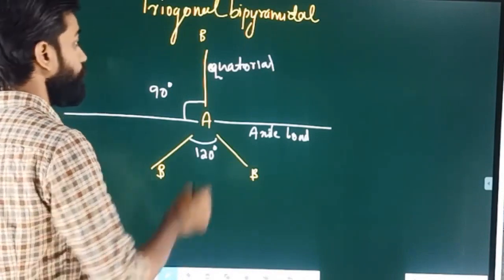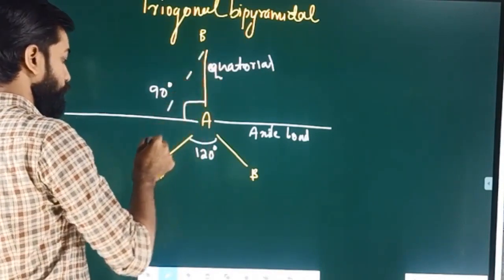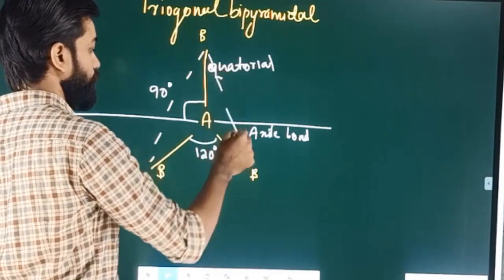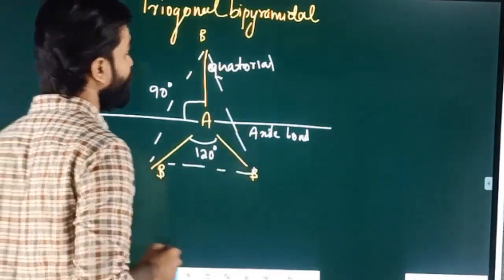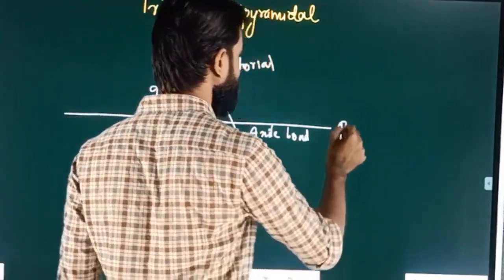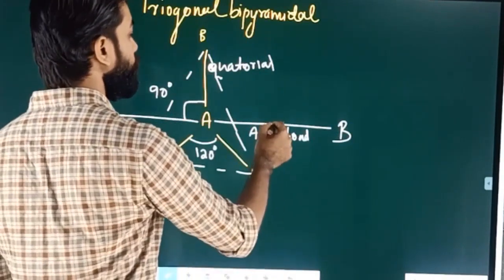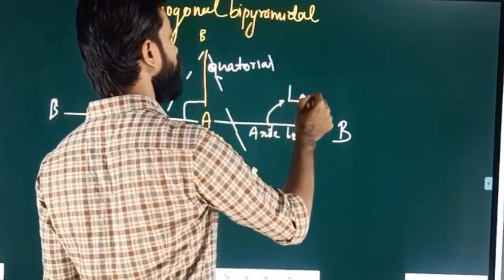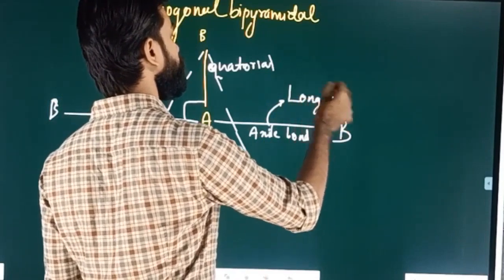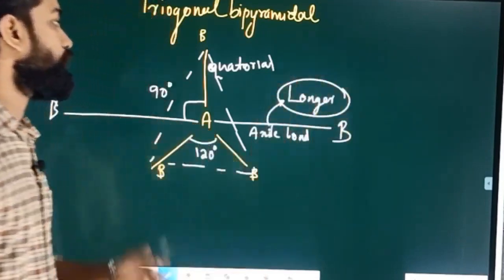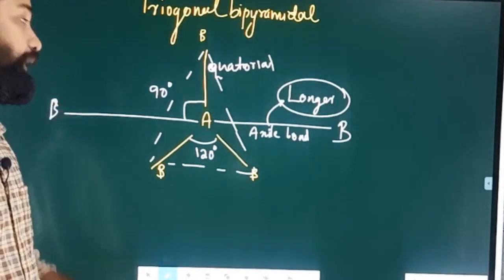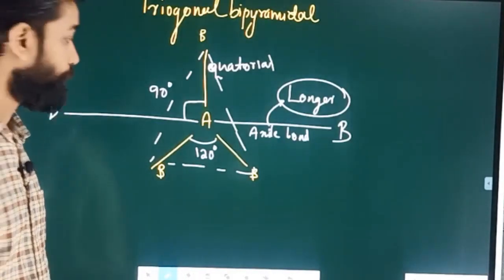So this is the actual shape of AB5. Here is a B, here also a B, where this is a little bit longer. The axial bond is comparatively longer than the equatorial bond. Ready?